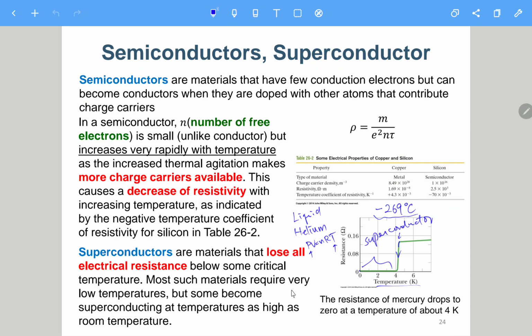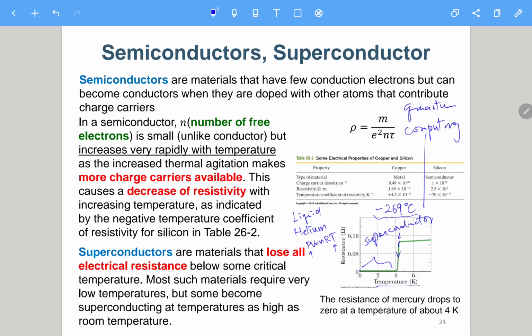Most such materials require very low temperature, but some become superconducting at temperatures as high as room temperature. So scientists try to find materials which can have the superconductor effect at higher and higher temperatures. And for some applications, maybe quantum computing, 量子计算, they also require this kind of superconducting effect, so that the electron can be under control.